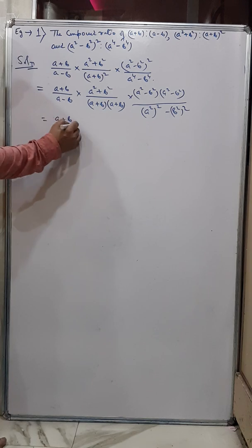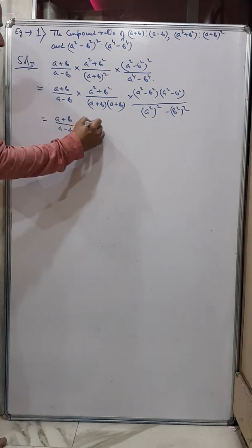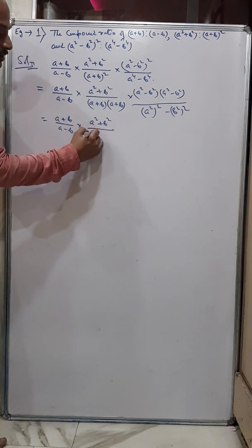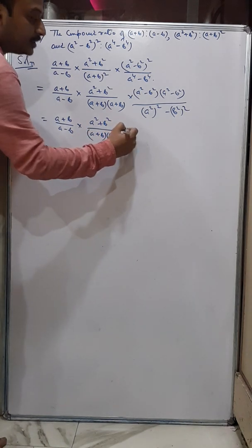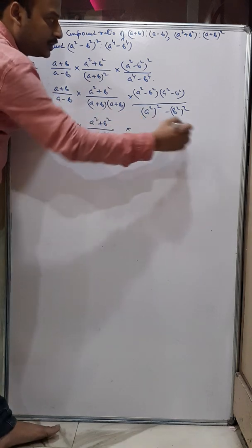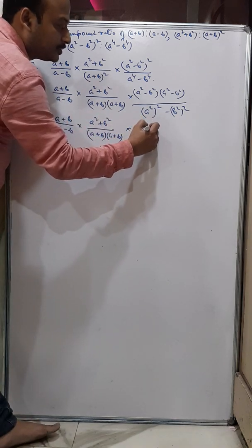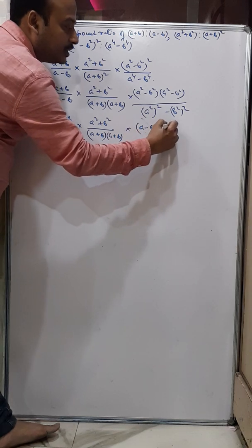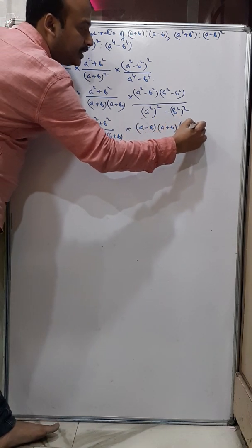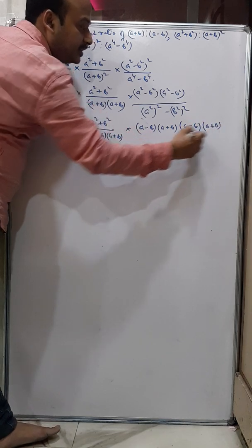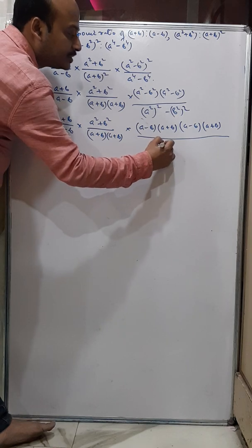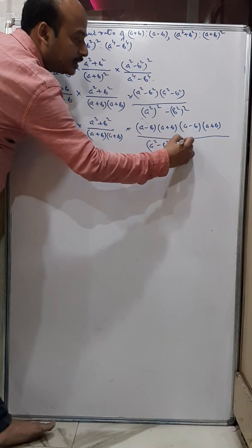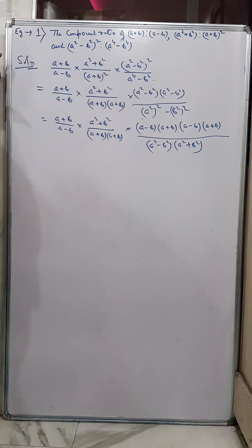So I get A plus B and A minus B, A square plus B square, A plus B and A plus B. This one I can split like this: A minus B, A plus B, and another A minus B and A plus B. And this one I can write as A square minus B square and A square plus B square.